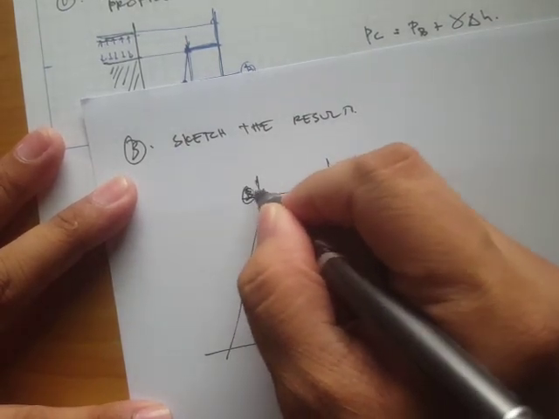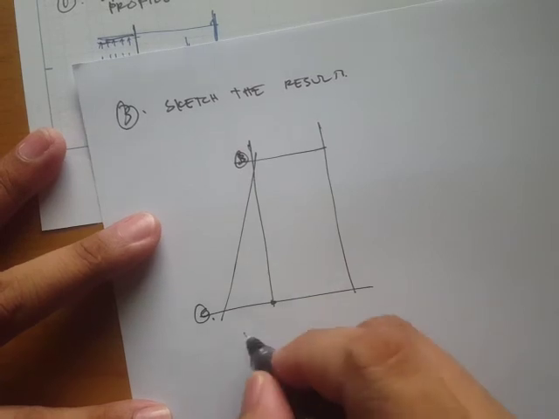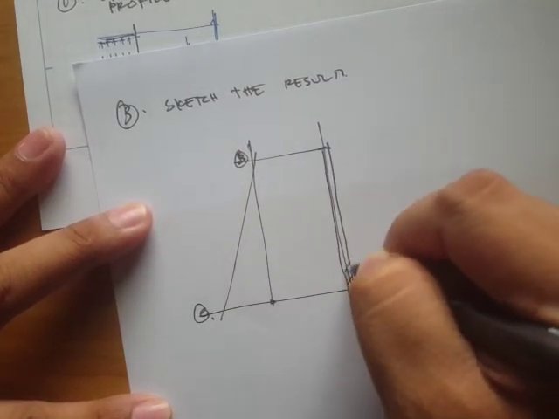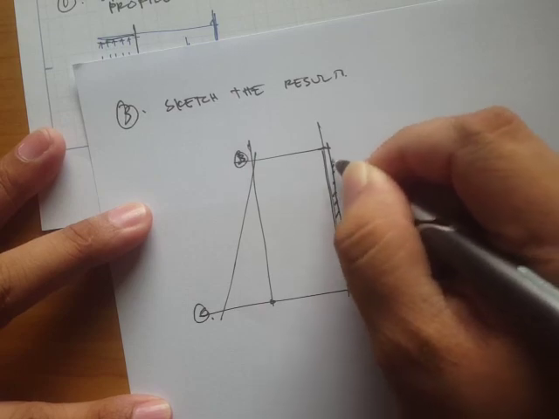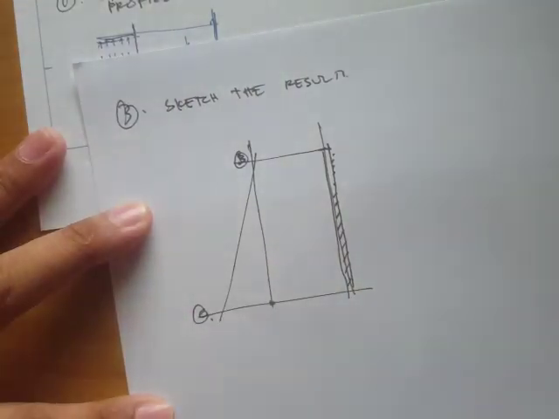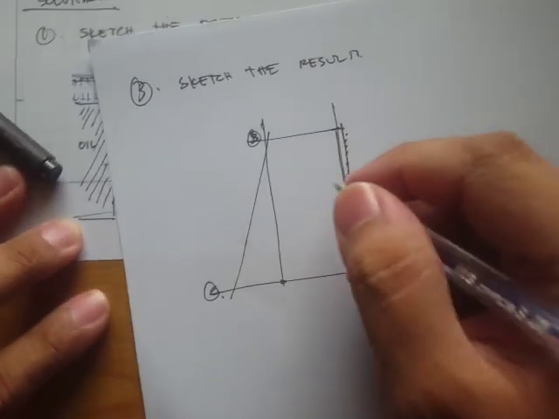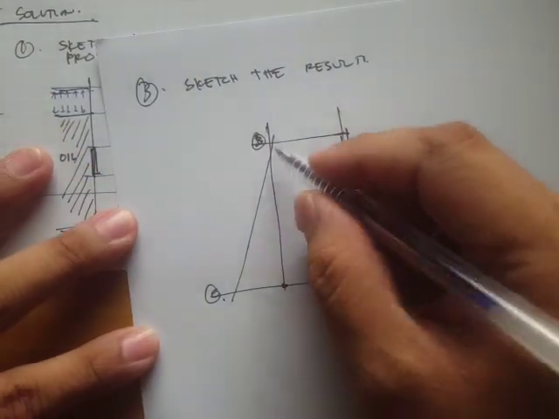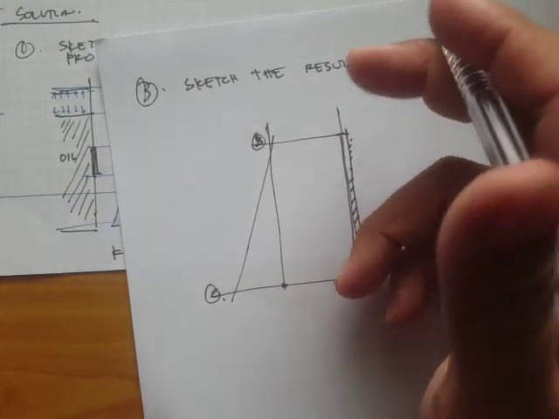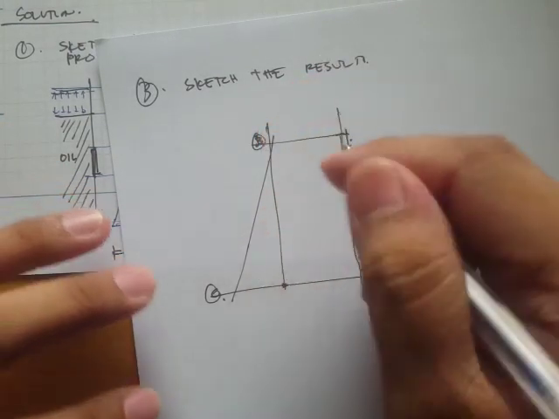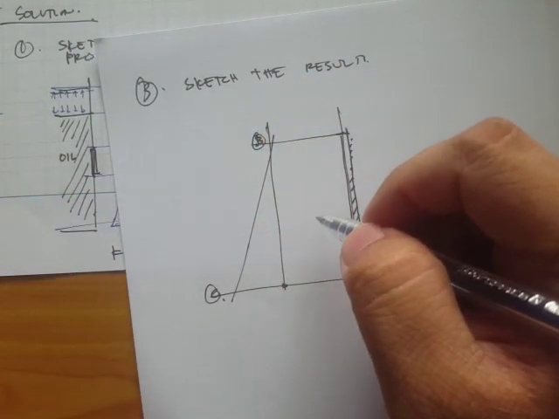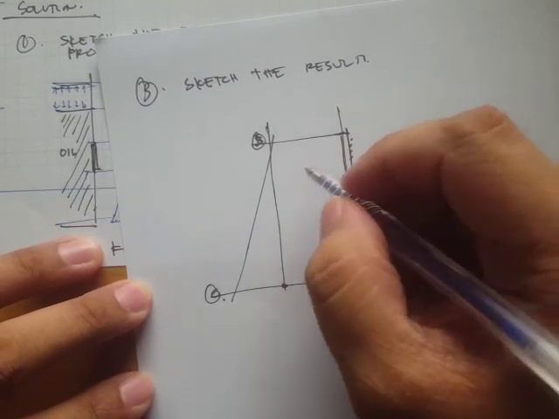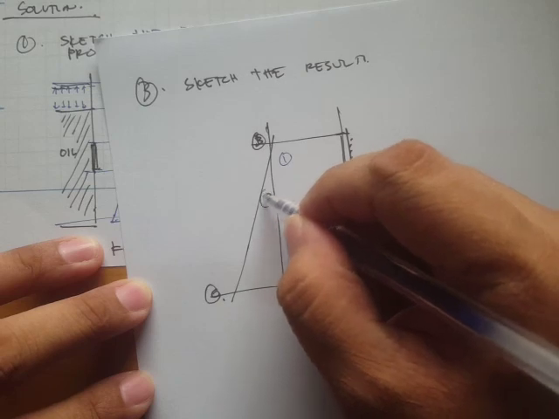right. This is our B, this is our C, and this is our viewing window. Since we have a trapezoidal prism, we can divide it into a rectangular and a triangular prism. Okay, so for this portion, let's say this is our point 1, then this is our point 2.